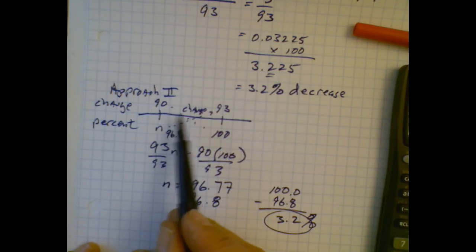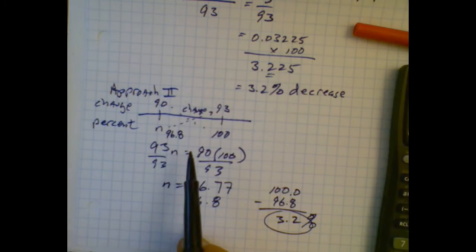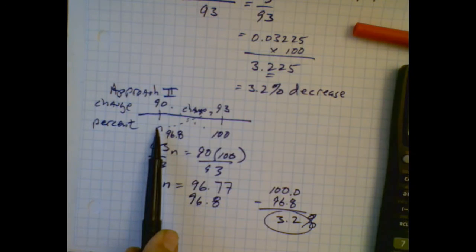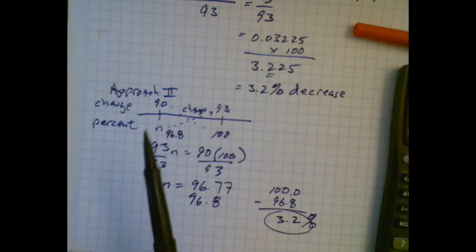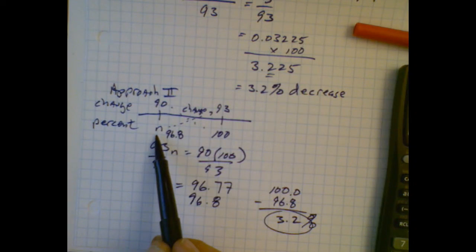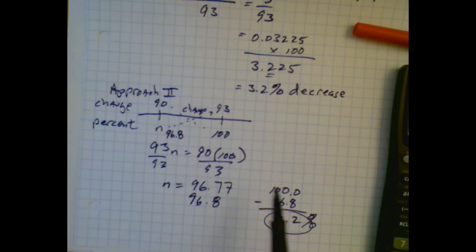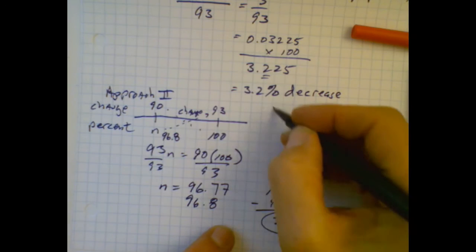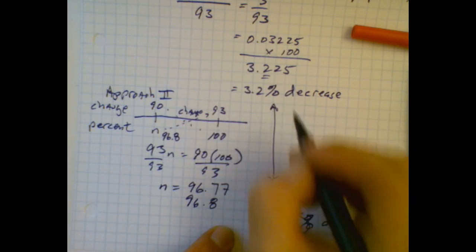So by setting up the proportion, I find the proportional representation: 93 is to 100 as n is to what value. I subtract it from 100 since it's a decrease, and the difference is 3 and 2/10%, and that is my change. I know it's a decrease because of the language of the problem, and you can see it does match what we had before.